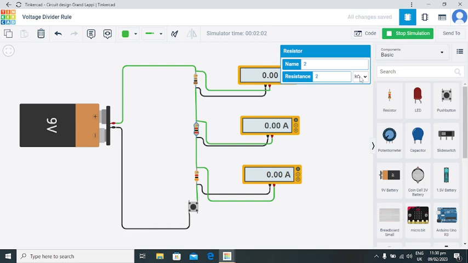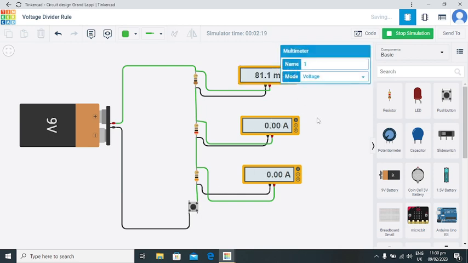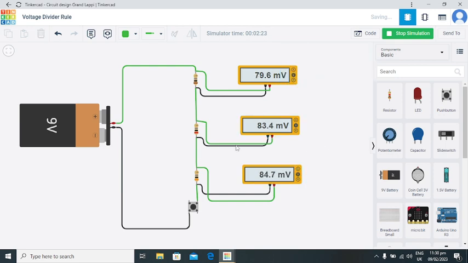So I'm going to increase the resistance much larger than the previous one, and observe the results of this. Oh, so still current is same, and check the voltage. So this power is off, and now power is on. 2.89 volt, 3.03 volt, 3.08 volt.